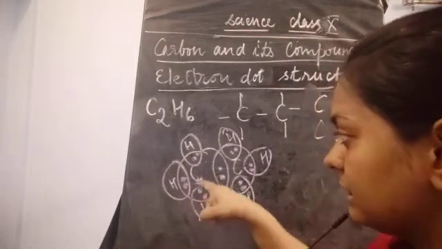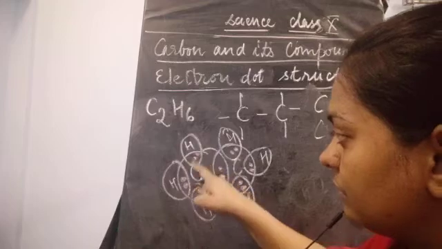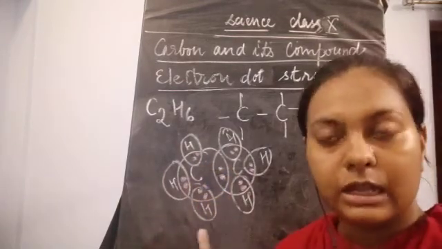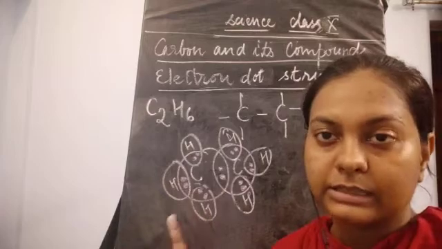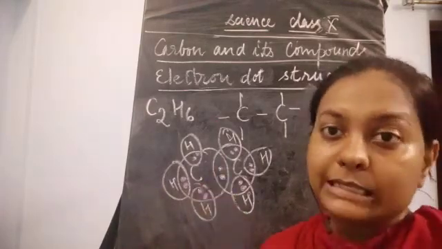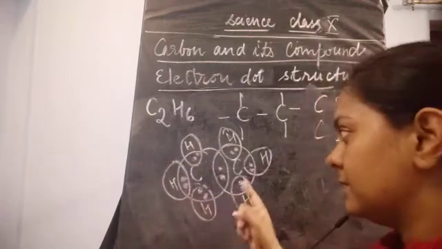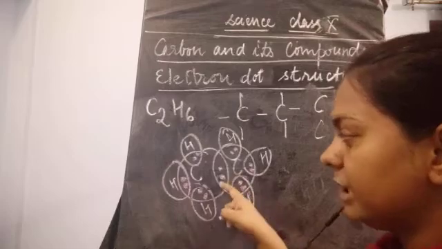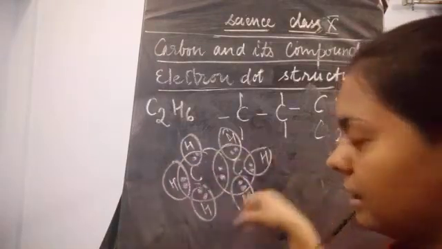Now you could see here this carbon can share 1, 2, 3, 4, 5, 6, 7 and 8. 8 electrons are there, means the octet of carbon is complete here. Similarly, this carbon also 1, 2, 3, 4, 5, 6, 7, 8. This shared pair will be counted with both of the carbons.